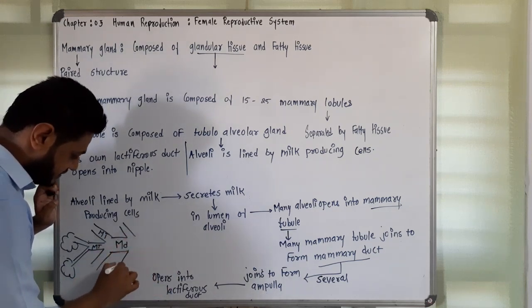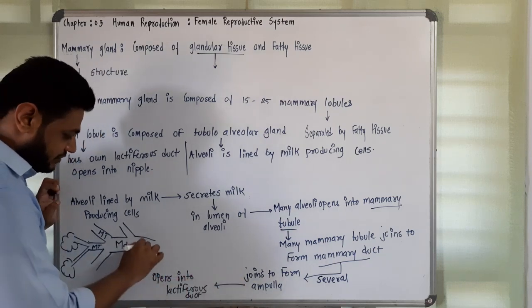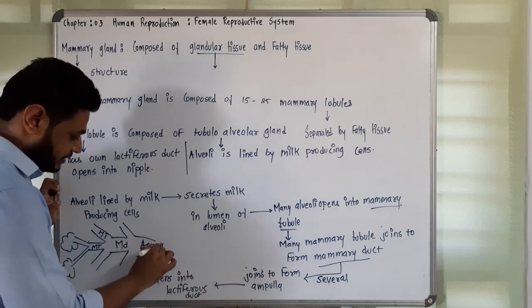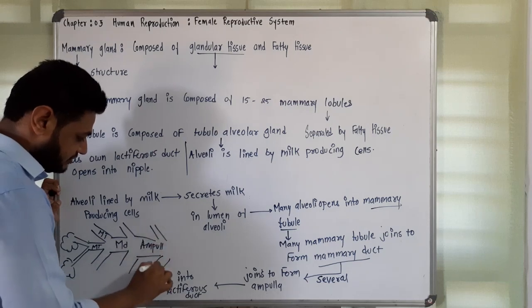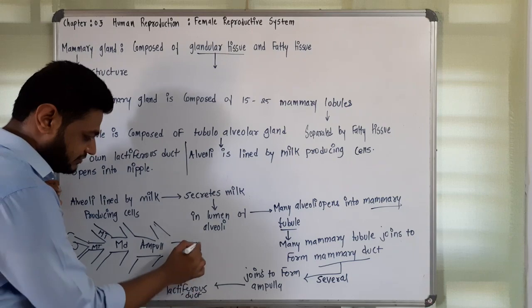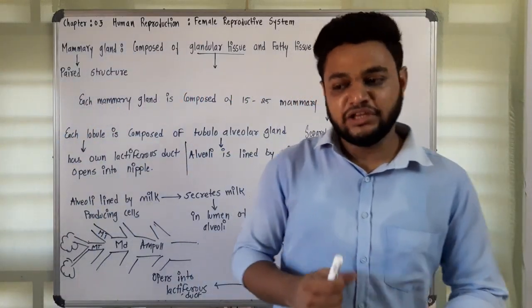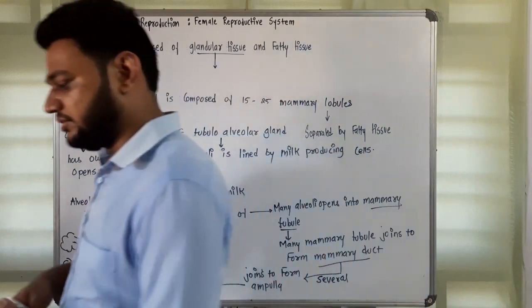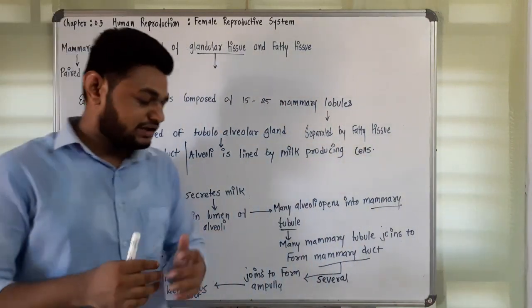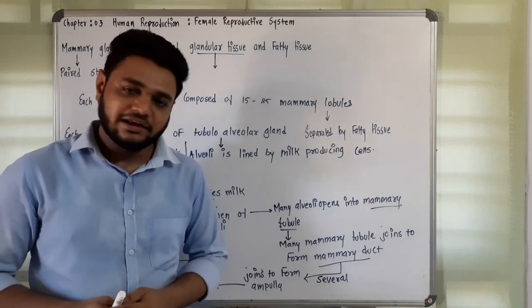Many mammary ducts like this join to form the ampulla, and many ampullae likewise join to form a lactiferous duct, which opens at the tip of the nipple. So when the milk is suckled out, it comes directly to the child. So this is about the mammary glands. Thank you.